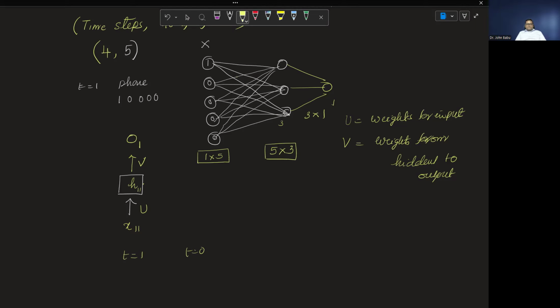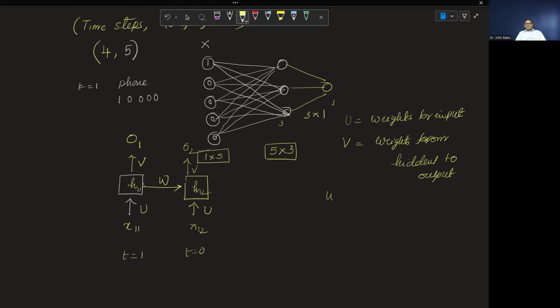You will send x12 with the same weights u, and you will be producing h12, and with weights v you will be producing O2. But the major aspect of RNN is while it produces h12, it takes feedback from h11 with a weight w.